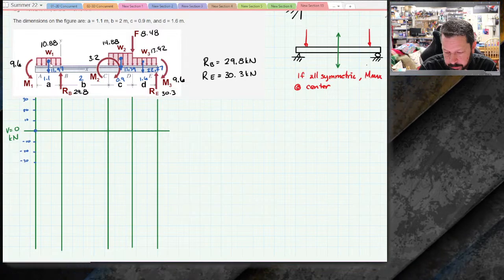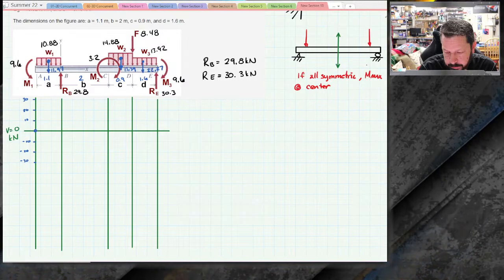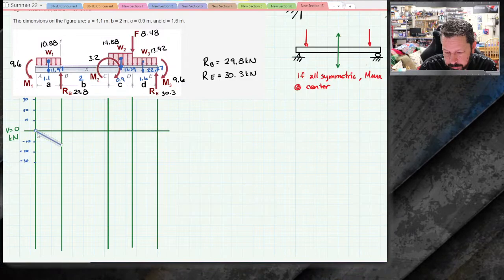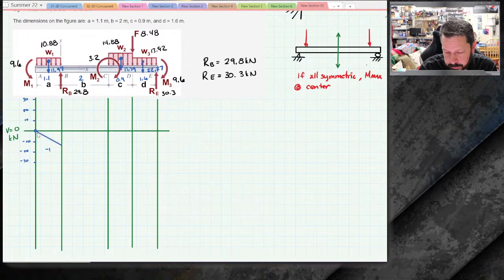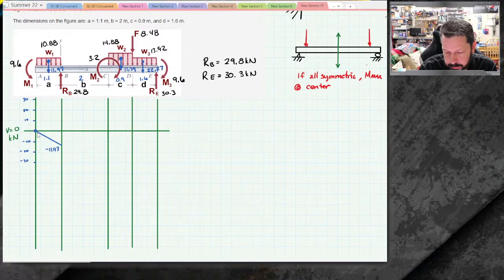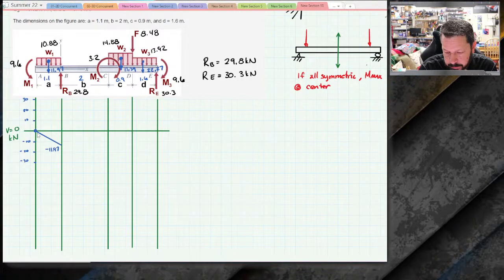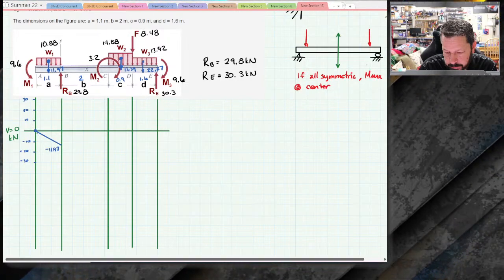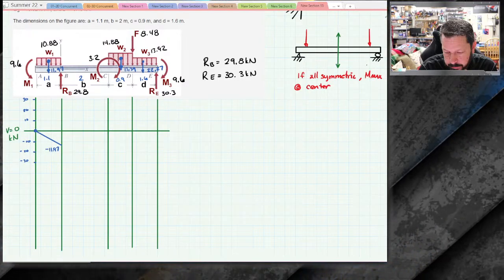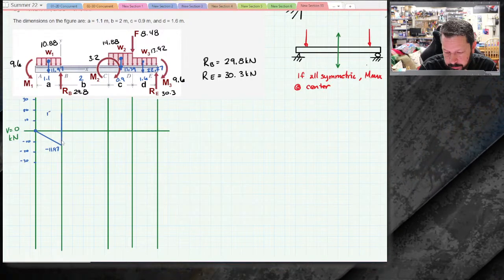All right, so the first thing that happens, start at 0. There's not a point load, there's a distributed load that is going to go down by 11.97, so down by 12, so it'll do something like that. And then we'll put our negative 11.97 there. And then we add, RB is pointing up, we add 29.8. So that gets us to 17.83. So maybe there.